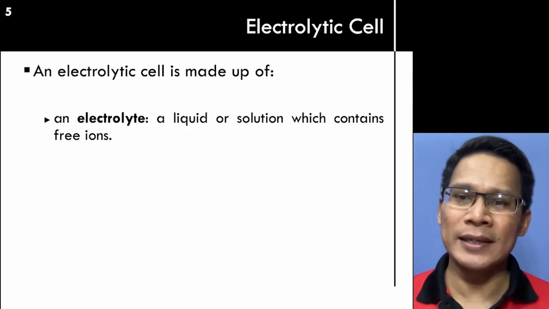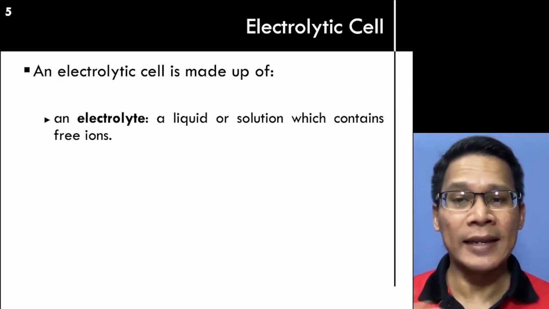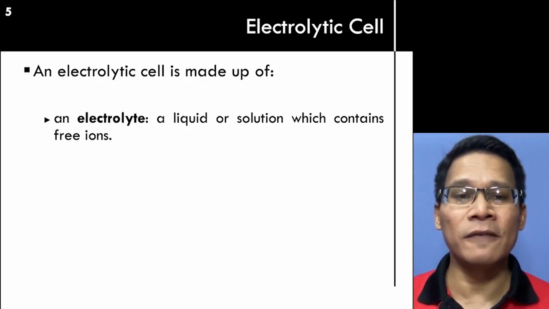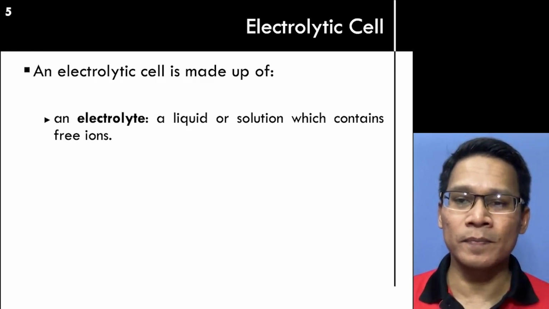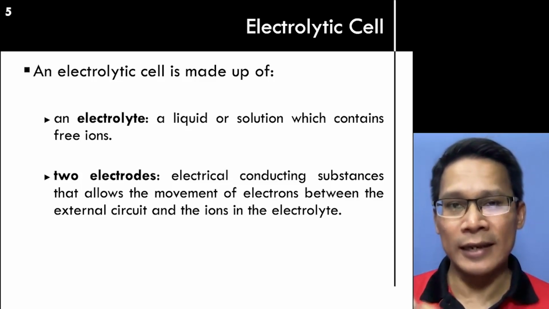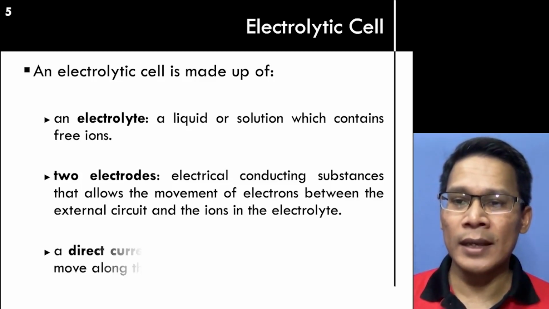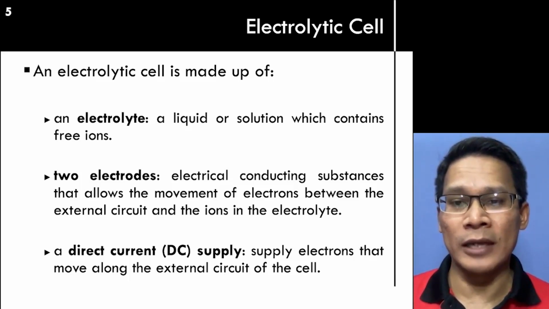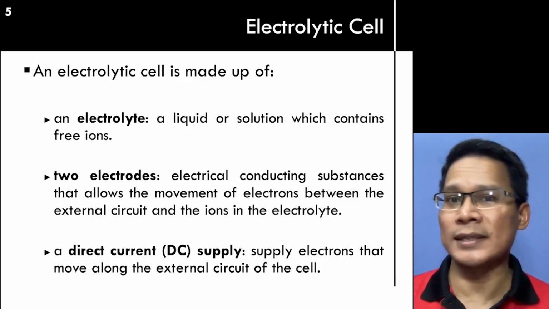In an electrolytic cell, we have an electrolyte, which is a liquid or solution that contains free-moving ions, two electrodes, anode and cathode, that are partially immersed in the electrolyte, and a direct current electrical power supply that will provide electrons to the cell.